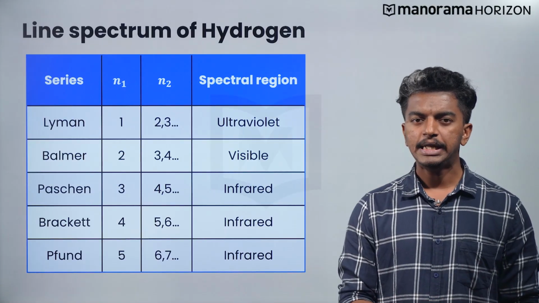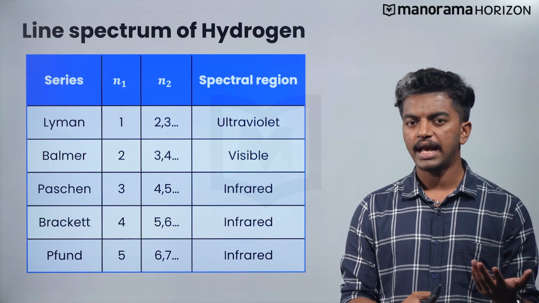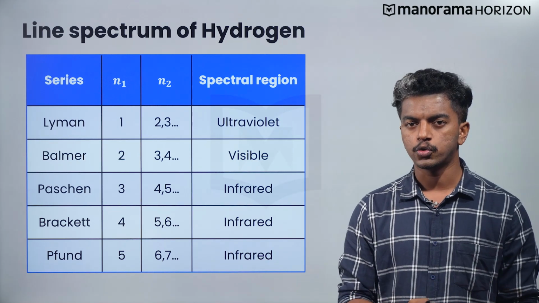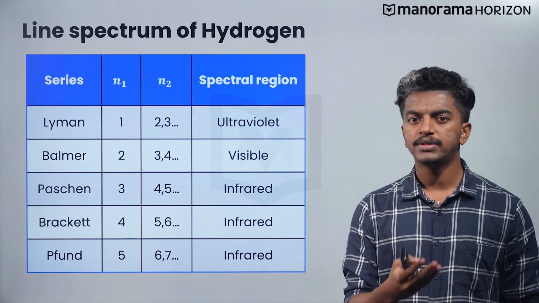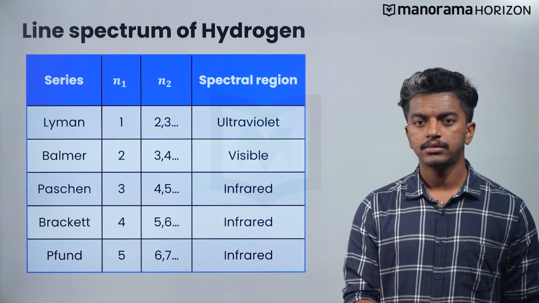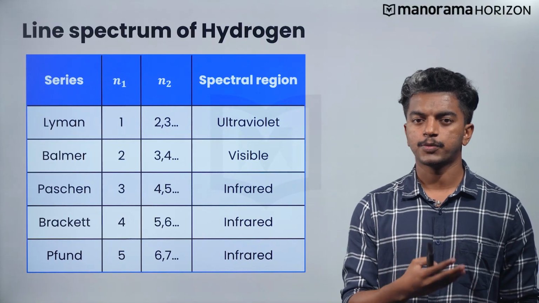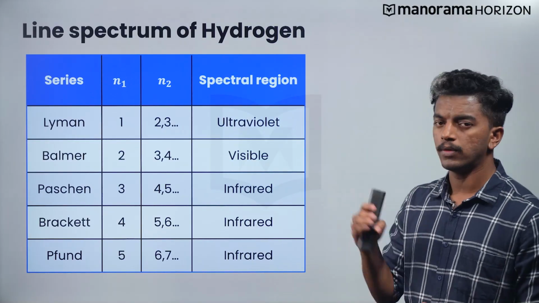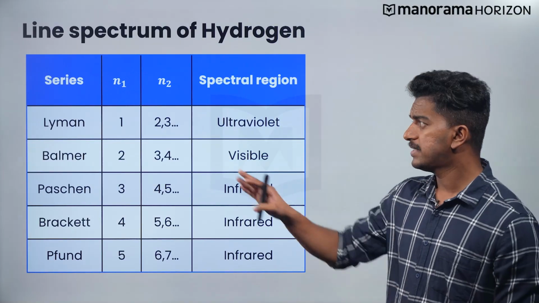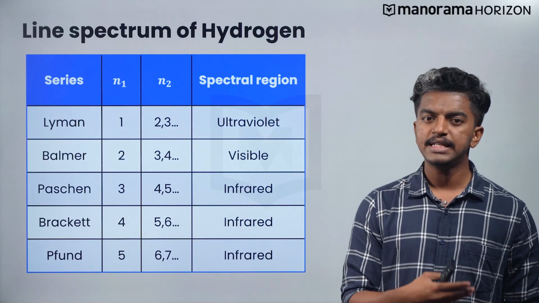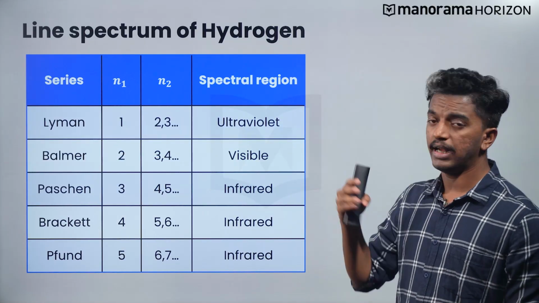After Balmer, many scientists found different lines in the hydrogen spectrum. The first 5 series of lines that correspond to n1 equal to 1, 2, 3, 4 and 5 are known as Lyman, Balmer, Paschen, Brackett and Pfund series respectively. The transition for each of the series is as given in the table. For the Lyman series, the transition occurs from the second line onwards, and these lines correspond to the ultraviolet region.